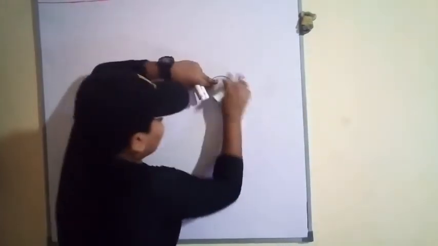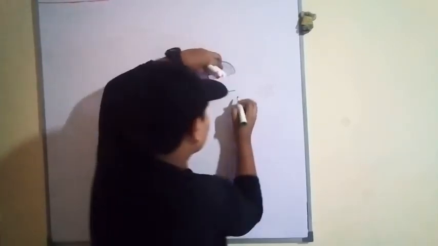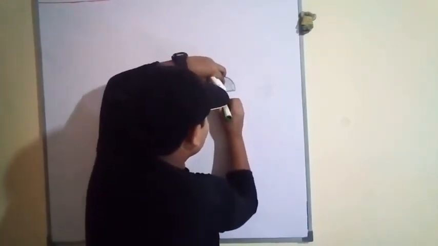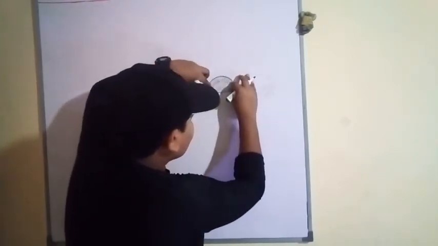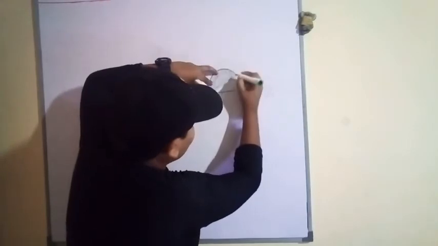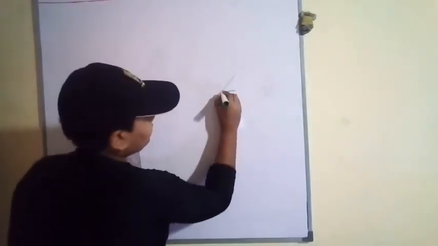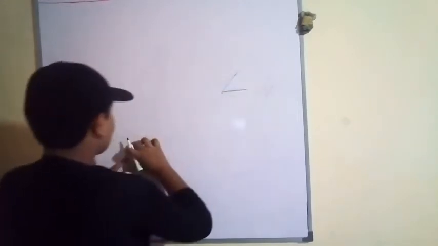You know that for measuring angles, to get 45 degrees, you use a protractor. You draw a line like this and keep a point there. If you want to get 45 degrees, you keep the 45 degrees line and draw a line, right? Now that is the 45 degrees.